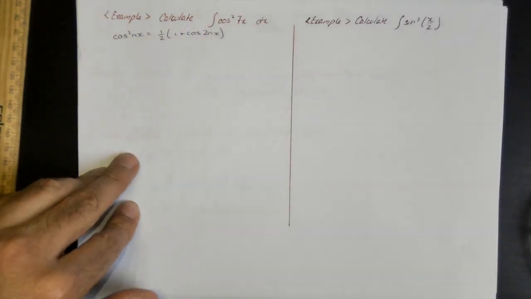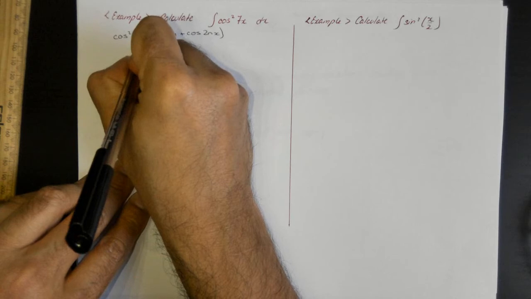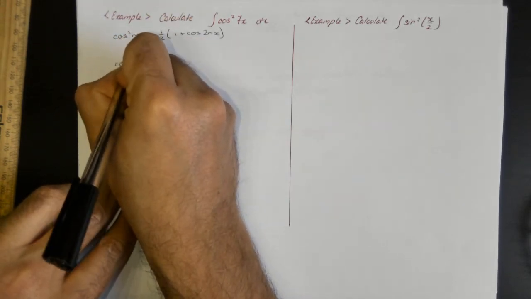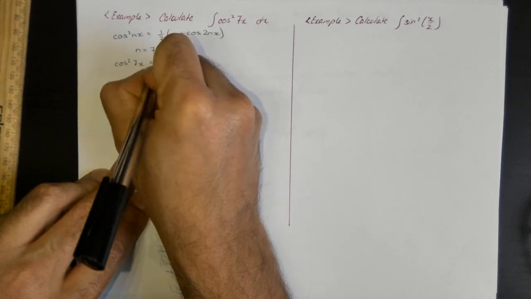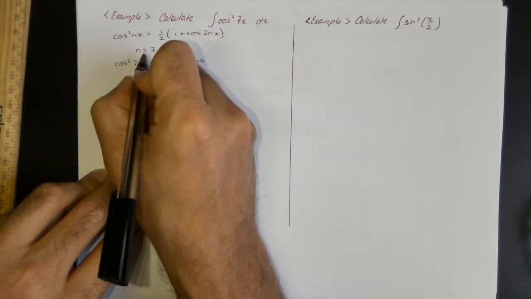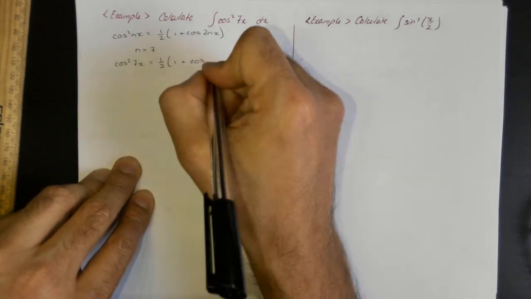In this case, n equals 7. So cos squared 7x is a half of 1 plus cos of 7 times 2, which is 14x.